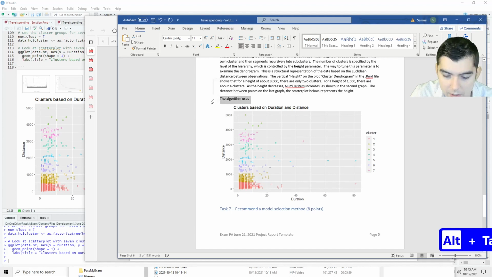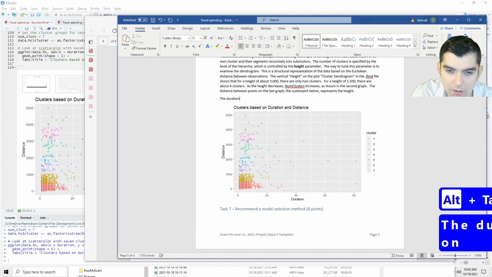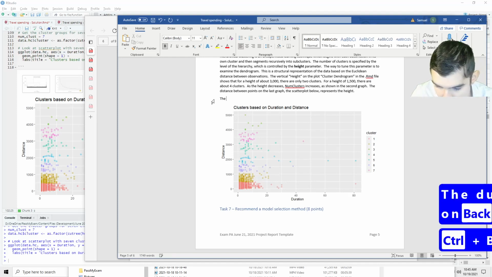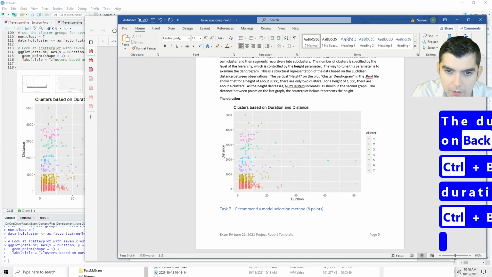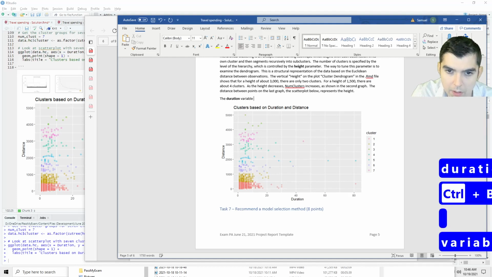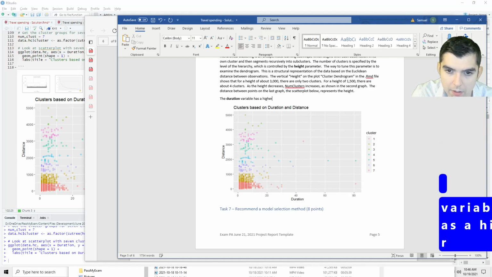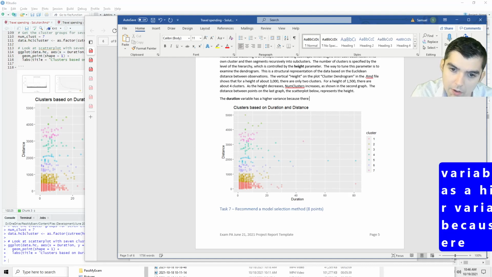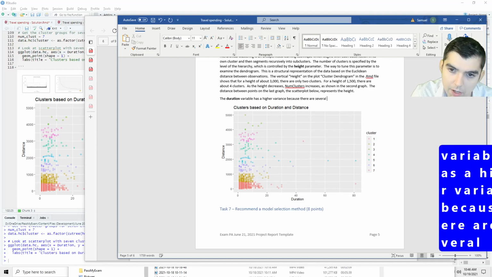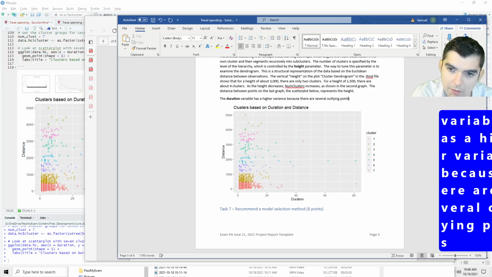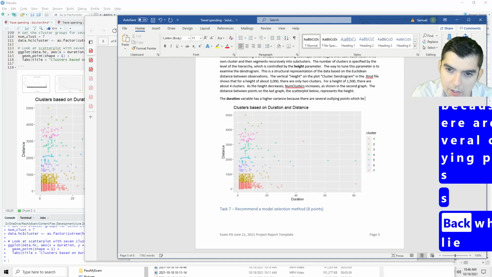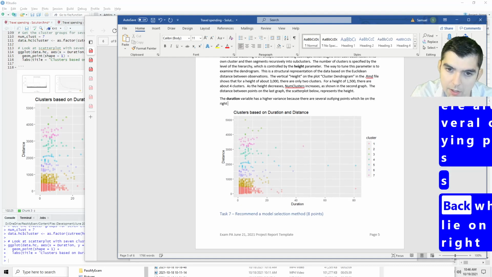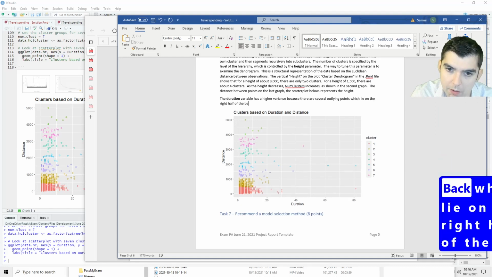Yeah, the duration variable has a higher variance because there are several outlying points which lie on the right half of the below graph.